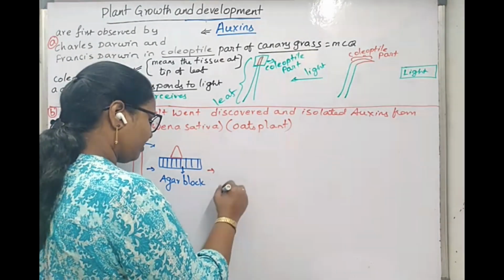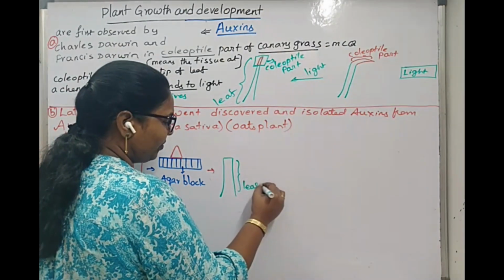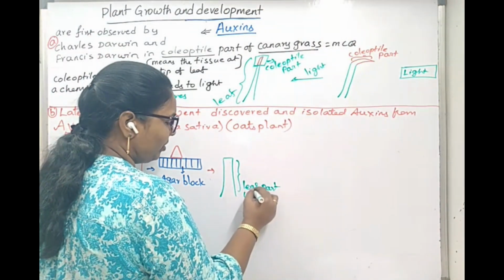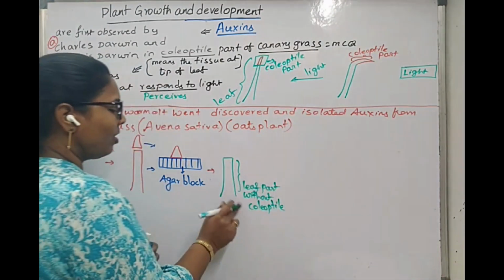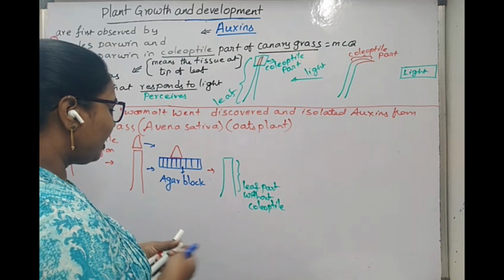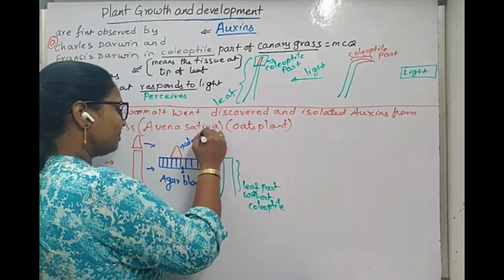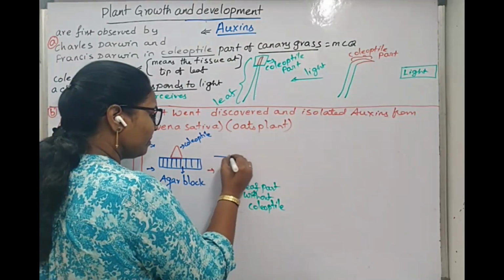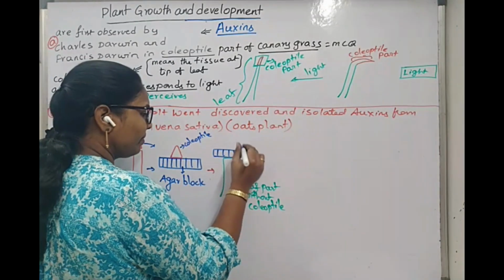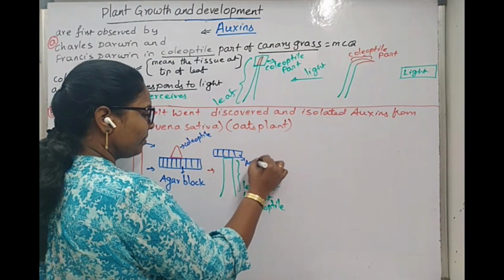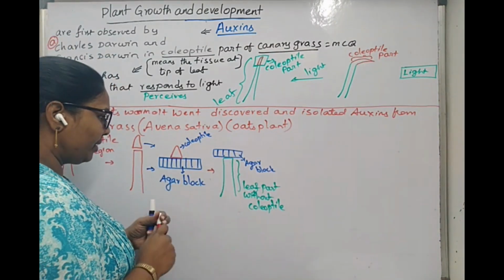So this is also the leaf part without coleoptile. On this was kept the agar block with the coleoptile part.